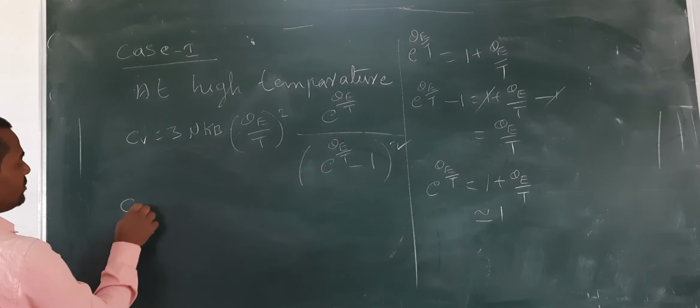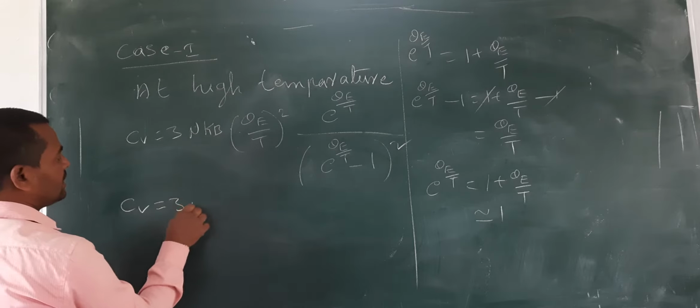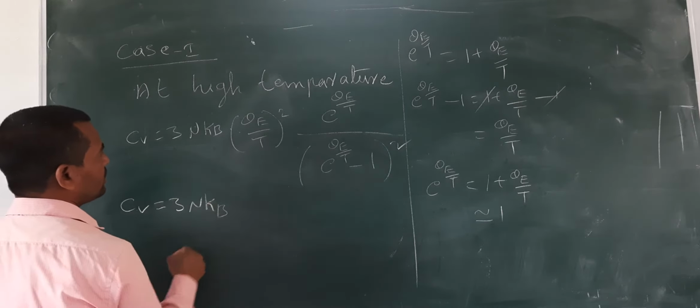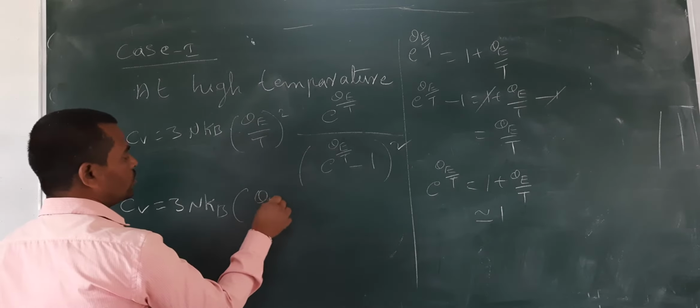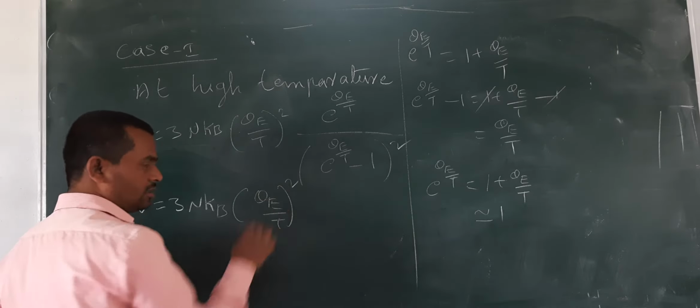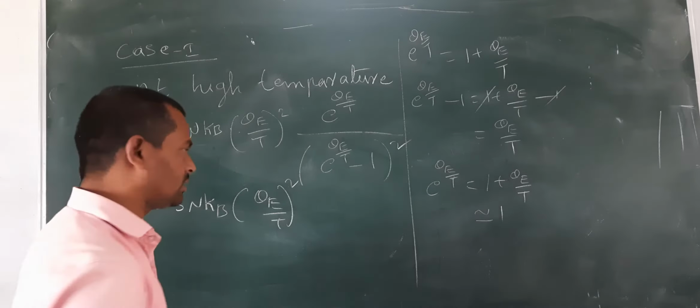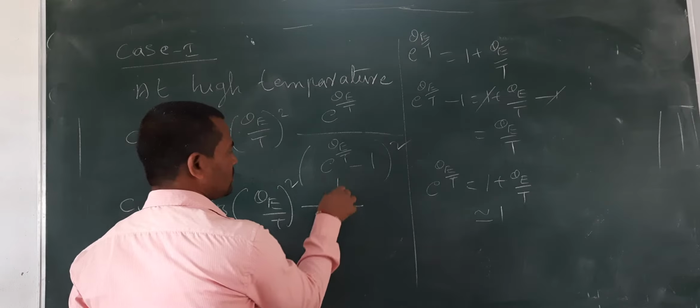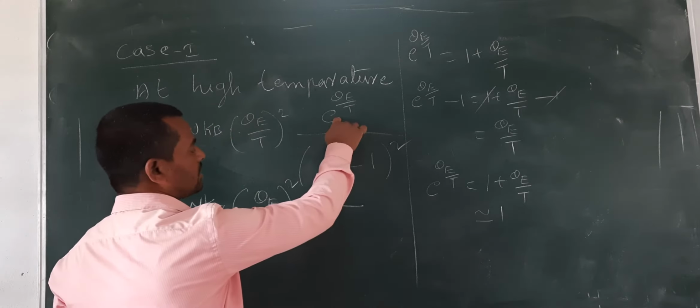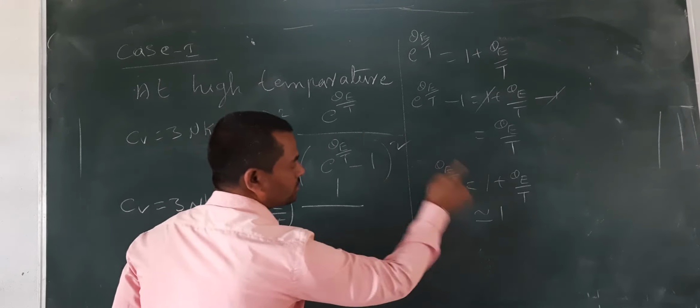Cv is equal to 3 N k_B theta E squared by T squared, with the exponential. No need to change this term, but the exponential terms we have to change. In the place of the bracket we write 1 according to this.